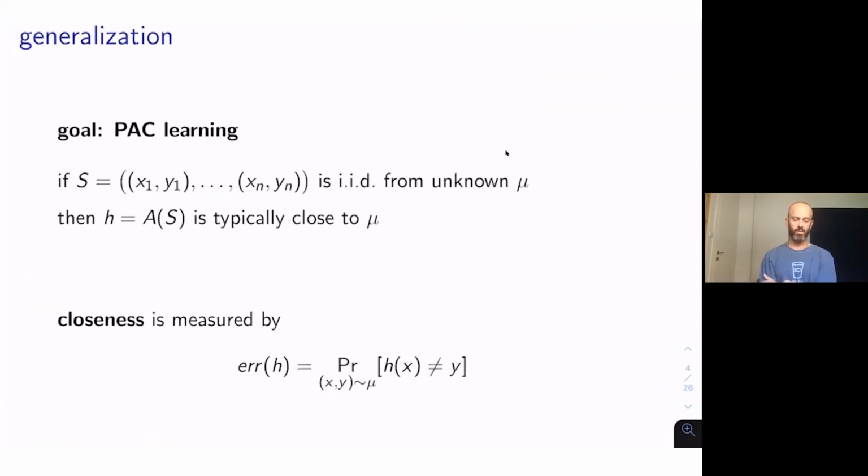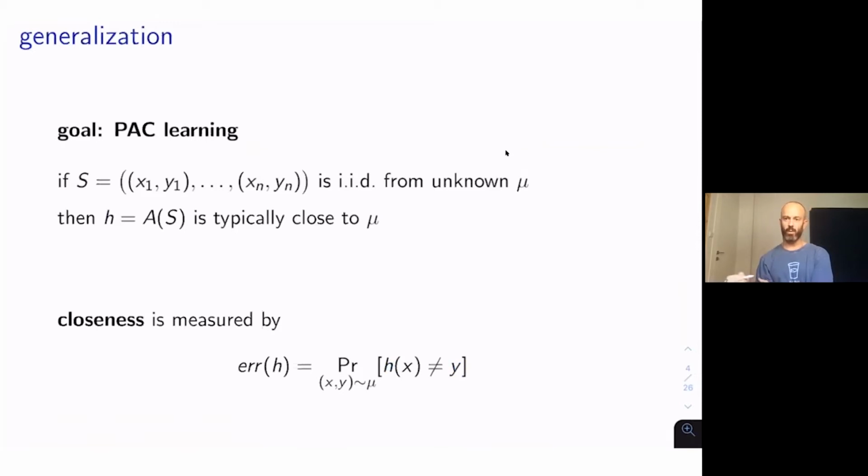then what do we want to do? We want to find a function h that is sort of close to this distribution mu. This is what the learning algorithm should do. And the way we measure the quality of the algorithm, the quality of the output, is we see how often does h predict the value of y correctly.